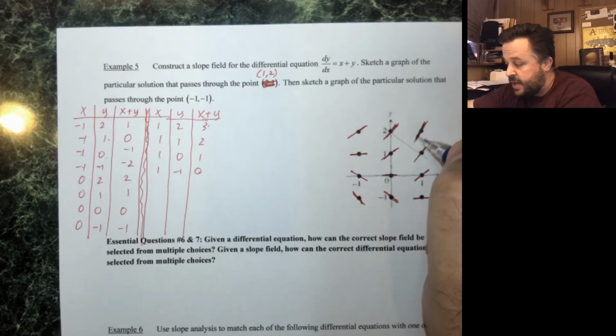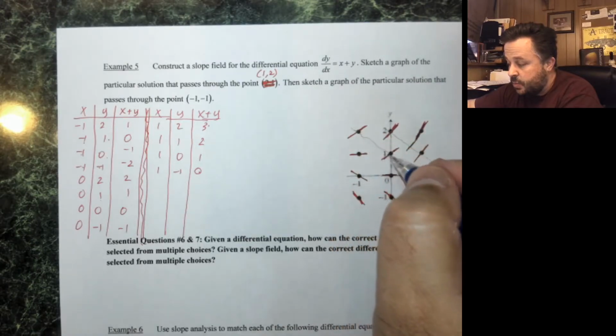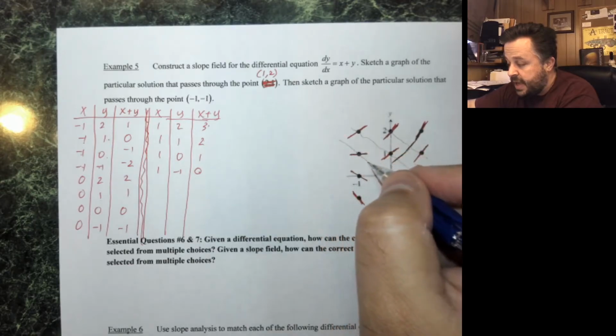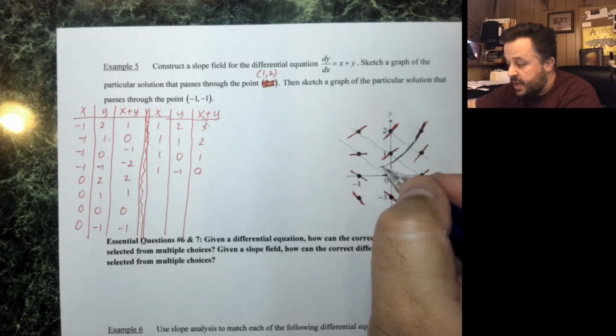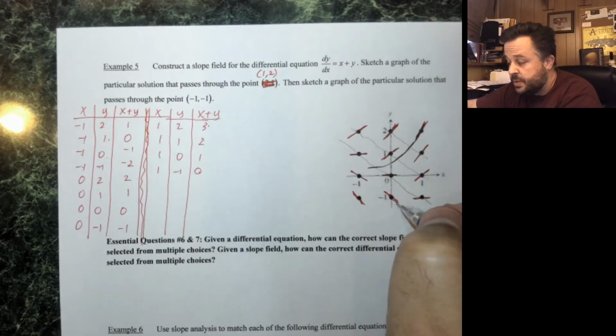So as I come down here, I'm going to have a slope of 2 passing through that. Then, as my line continues to come down, when I pass through this line right here, my graph should have a slope of 1. When I pass through this diagonal line, my graph should be flat, have a slope of 0.